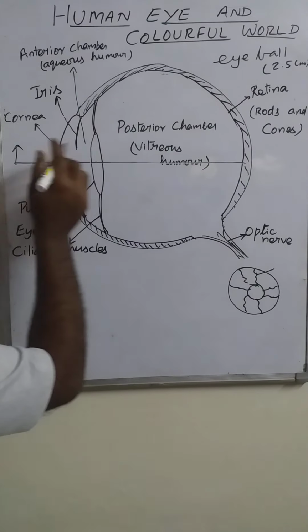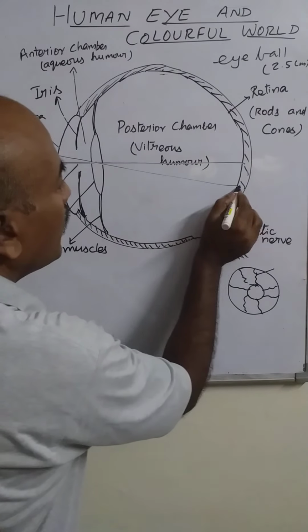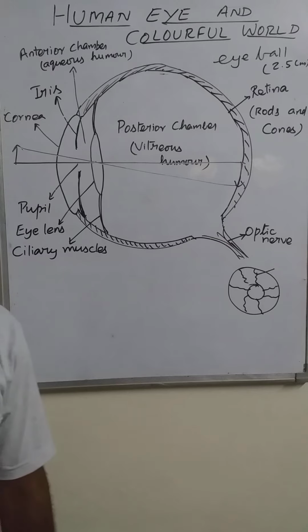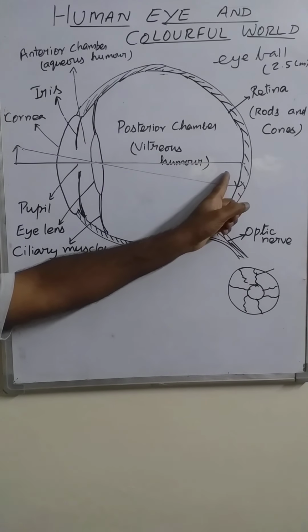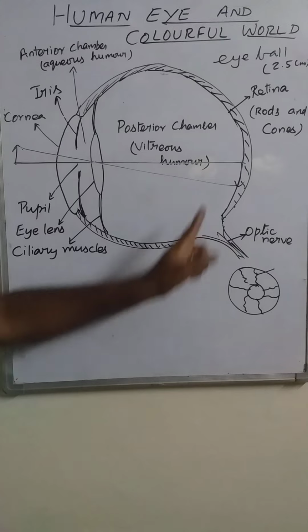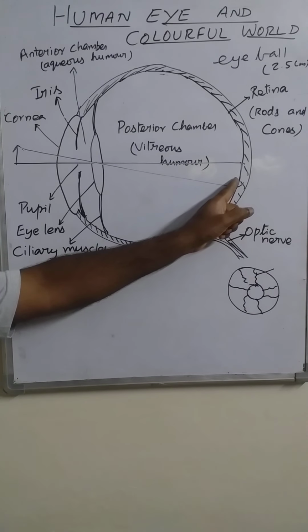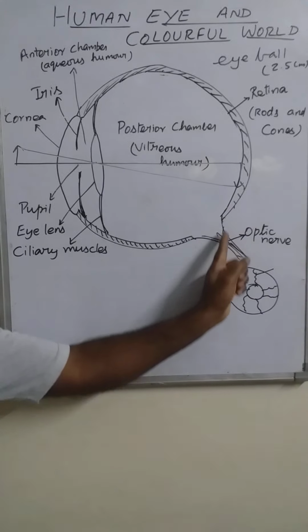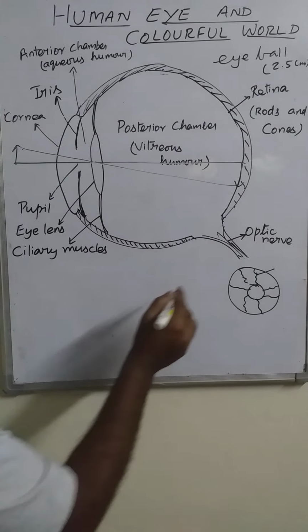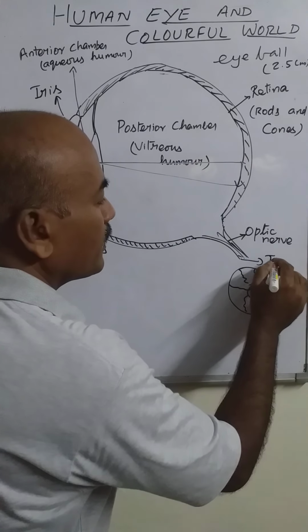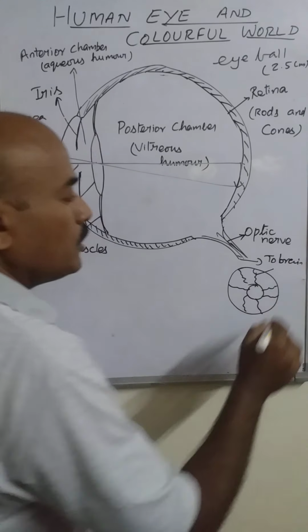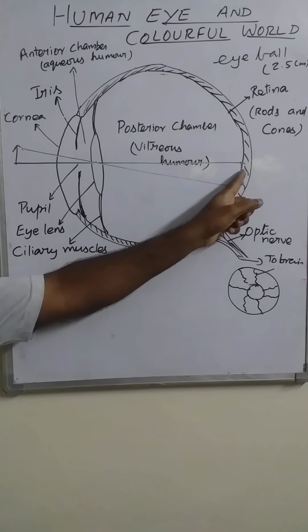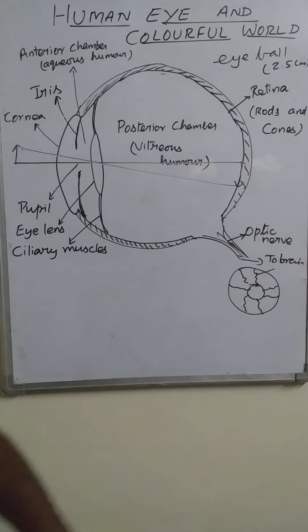The nature of the image formed on this retina is real and inverted. This image formed on the retina is carried by the optic nerves to the brain. Whatever image is formed on the retina is transferred to the optic nerves.